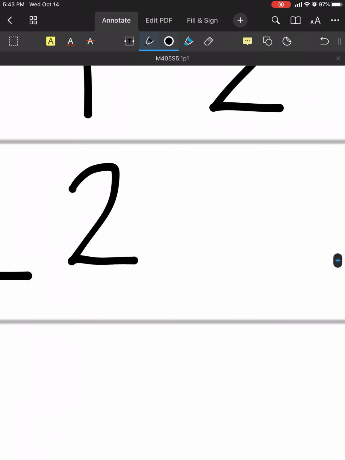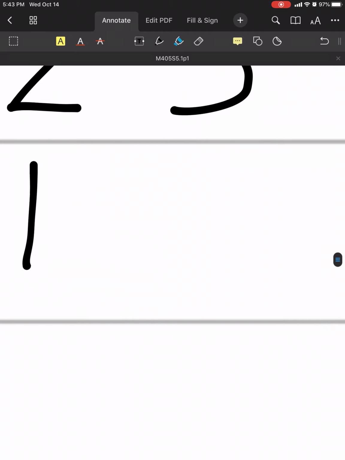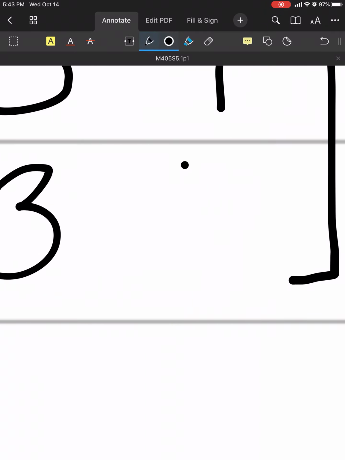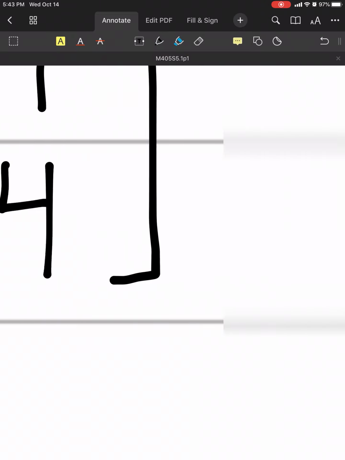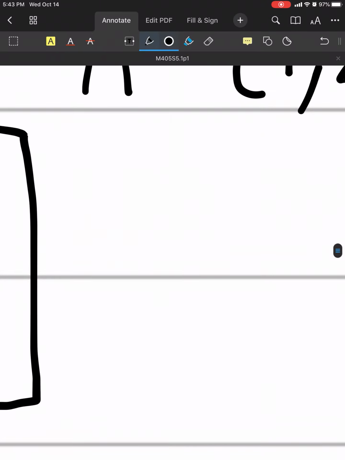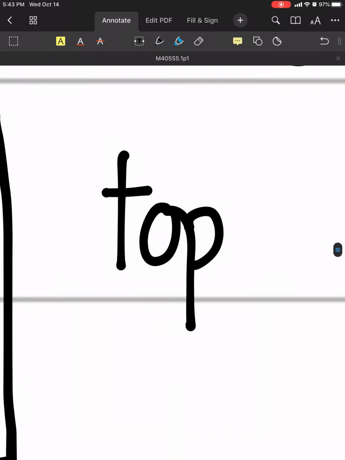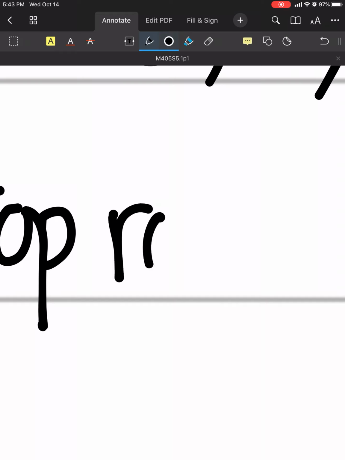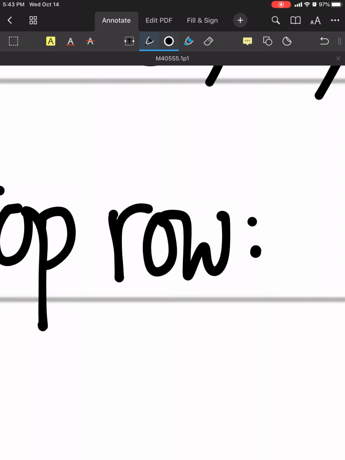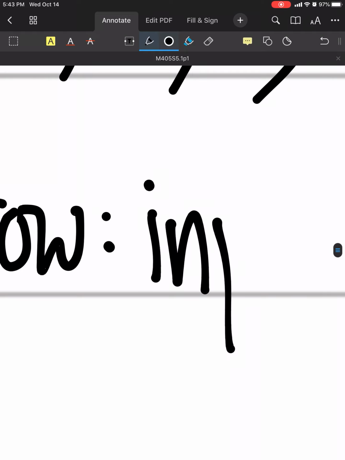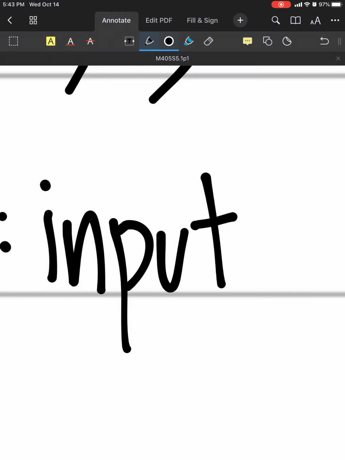And so, for instance, I might have 2, 1, 3, 4. How this works is the top row is the input, and the bottom row is the output.